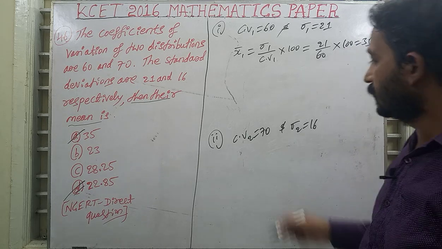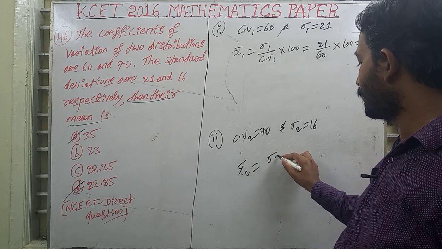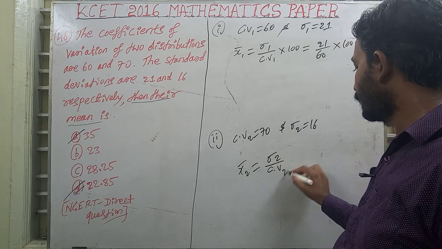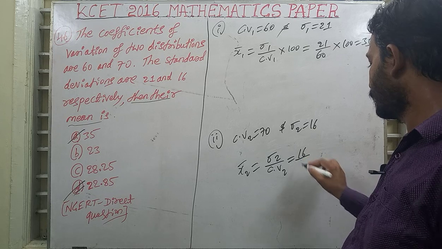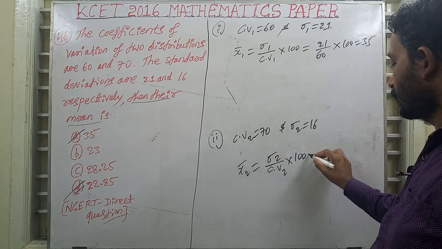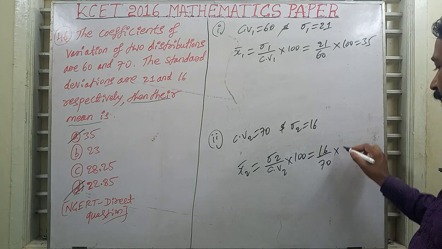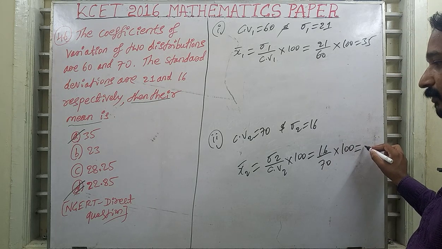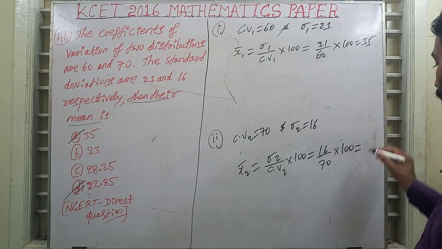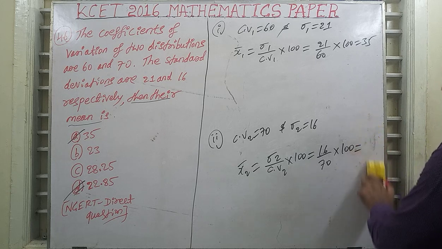In the second case x2 bar is equal to sigma 2 divided by C.V.2 into 100, is equal to 16 divided by 70 into 100, is equal to 22.85.